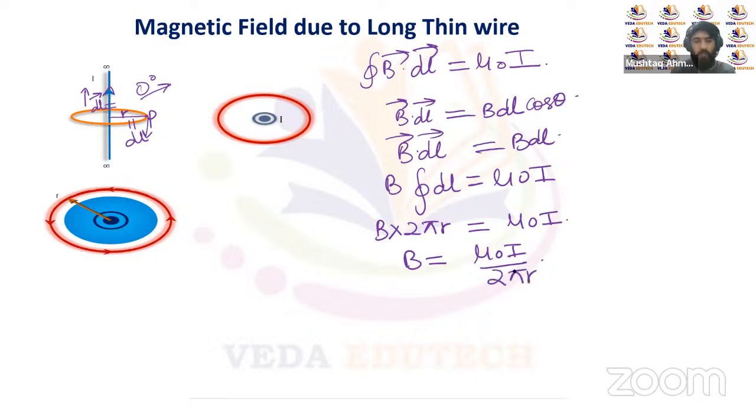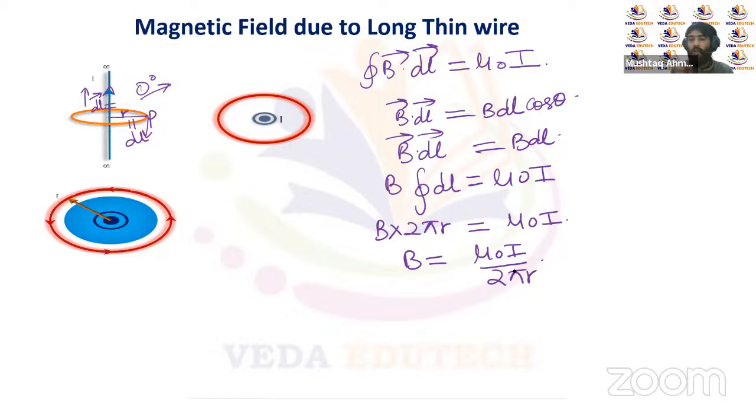So this is how we apply Ampere's circuital law to calculate the magnetic field. Whenever we choose an Amperian loop, we have to do all the calculation on the circumference of that loop.